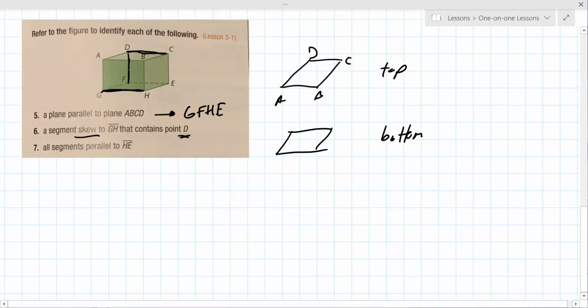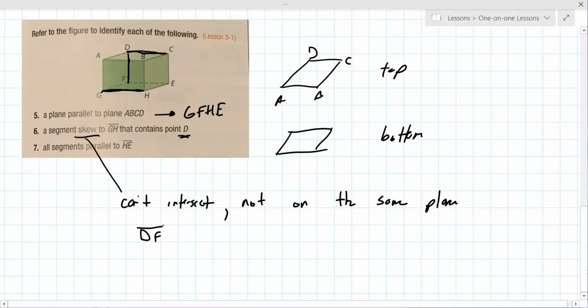DF, it doesn't. Basically, skew means it can't intersect, and more importantly, it's not on the same plane. So there's actually a few answers here, like DF for sure would be good. DA is probably also good because it's not parallel.